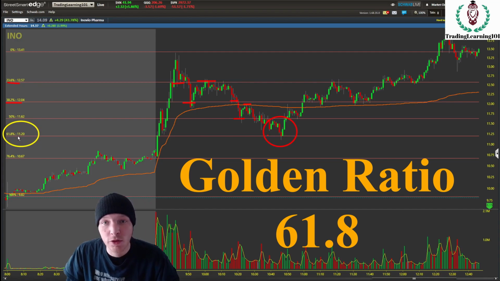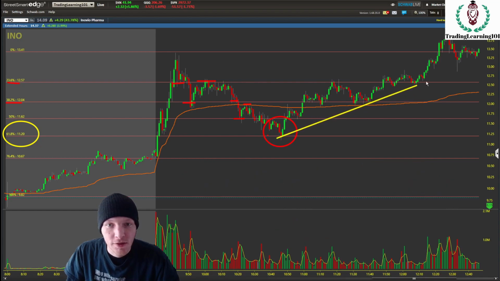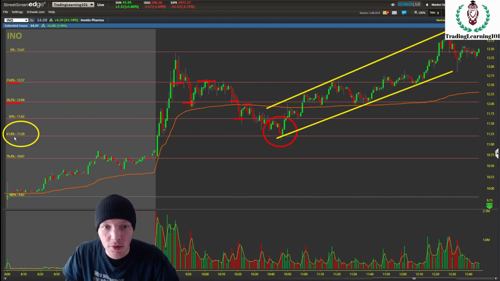It bounced right there and reversed from a downtrend to an uptrend, from $11.25 all the way up to a high of almost $14. This all right here, reversing and trending up from that 61.8 level. So you see how powerful Fibonacci retracements can be just by plotting out from different areas.